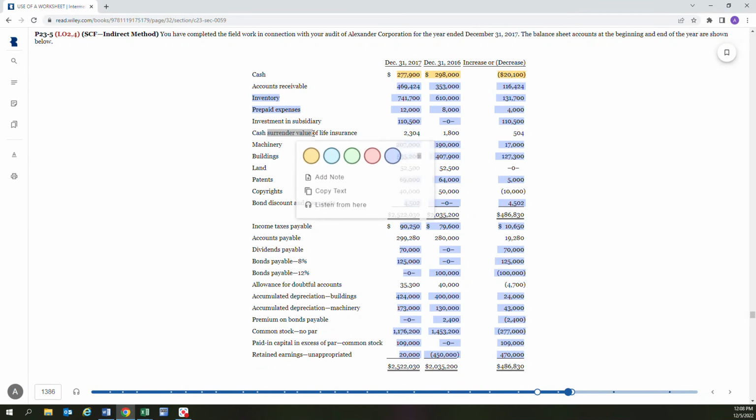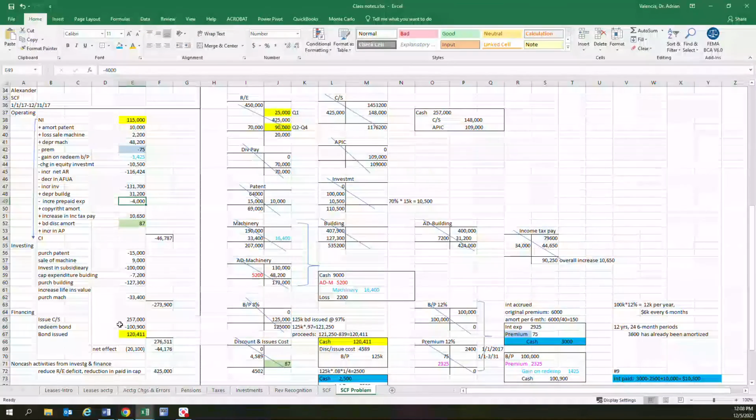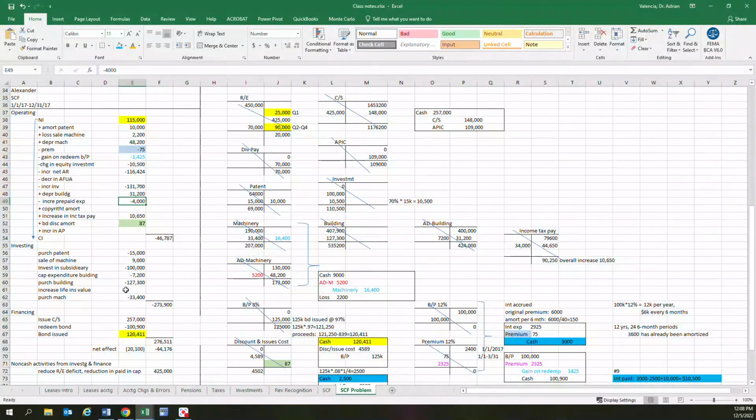So as the surrender value goes up, we've been marking it up and recognizing income for that, but that's an income that does not have a cash flow inflow. So we have to go in there and subtract that out from the investing activities. So we'll go in here and say the increase in the life insurance surrender value, that's minus 504. Okay, so that's that.